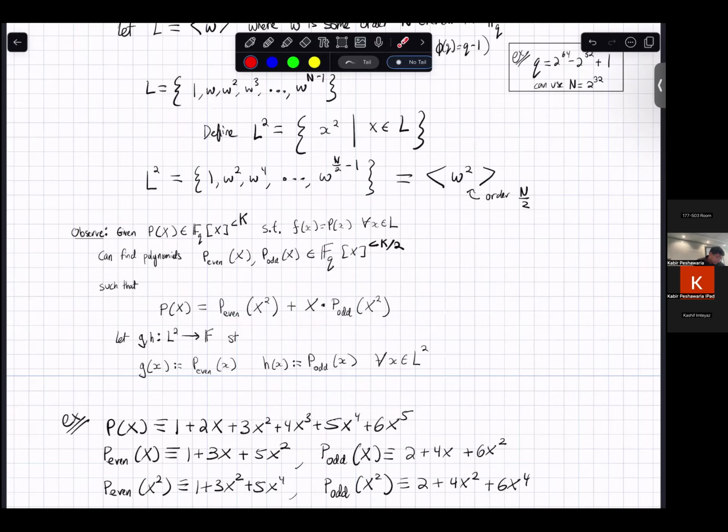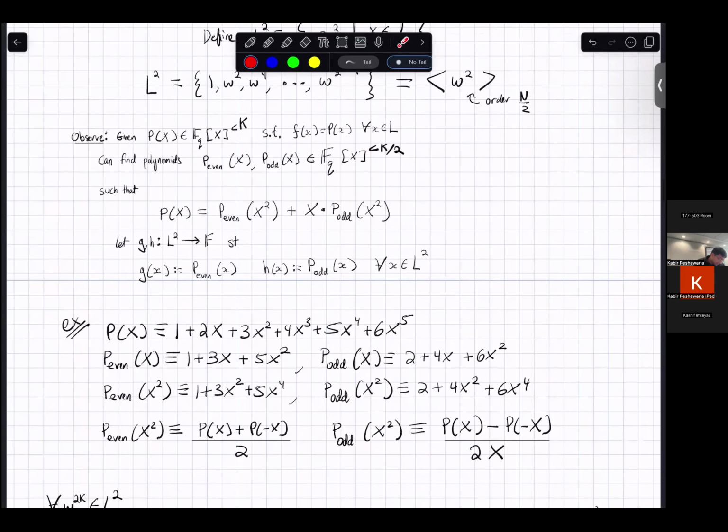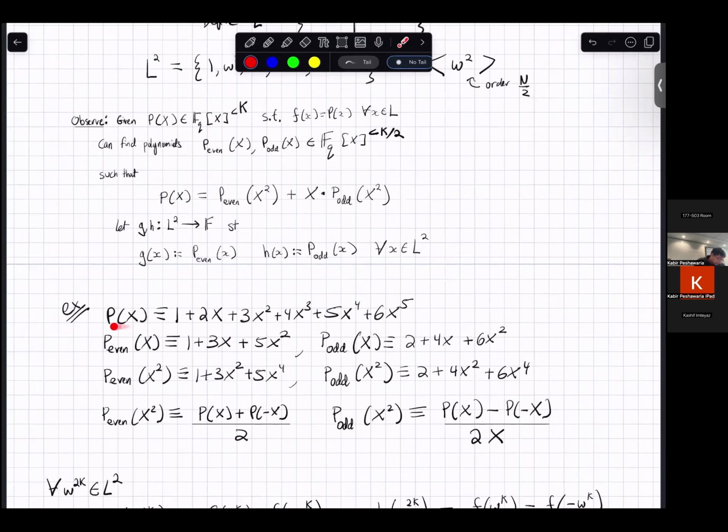Now, let's look at an example of that. Let's say P of x is this giant polynomial here, and P even of x we can define to be the coefficient of x to the 0, the coefficient of x squared, the coefficient of x to the 4th.